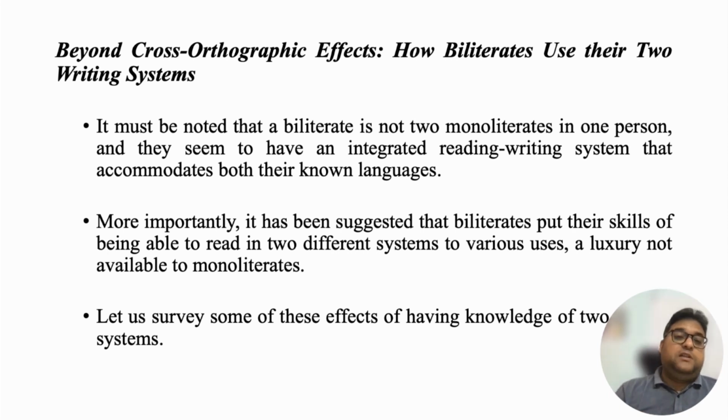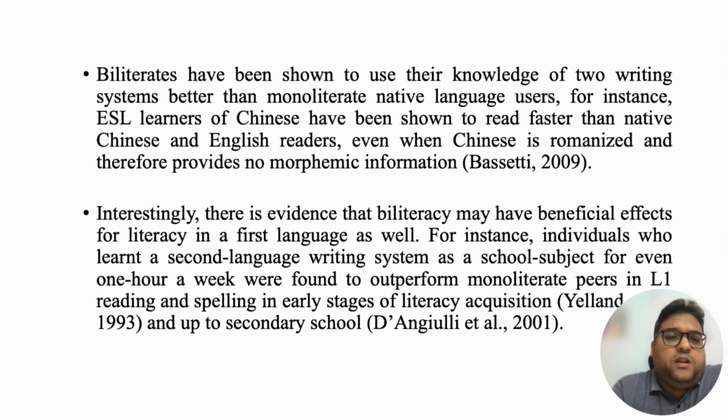More importantly, it has been suggested that biliterates actually put their skill of being able to read and write in two different scripts to various interesting uses, a luxury that is not available to monoliterates. Let's look at some of these things. Biliterates have been shown to use their knowledge of two writing systems better than monoliterate native language users.